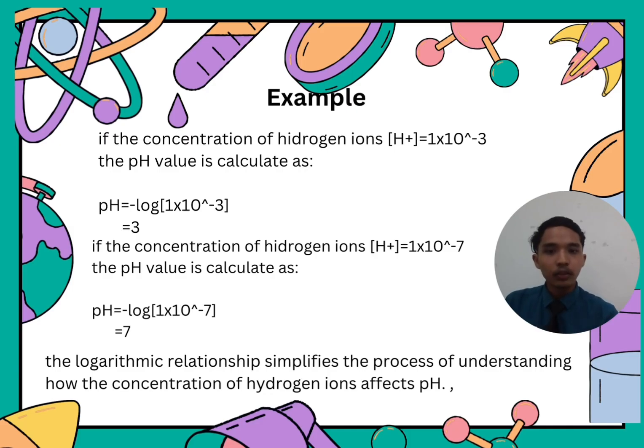If the concentration of hydrogen ion H plus equals 1 times 10 to the power of negative 7, the pH value is calculated as pH equals negative log 1 times 10 to the power of negative 7, which equals 7. The logarithm relationship simplifies the process of understanding how the concentration of hydrogen ion affects the pH value. That's all for me. Thank you.